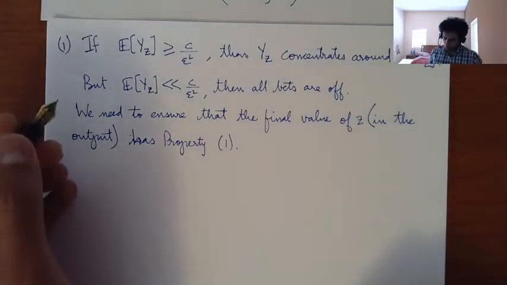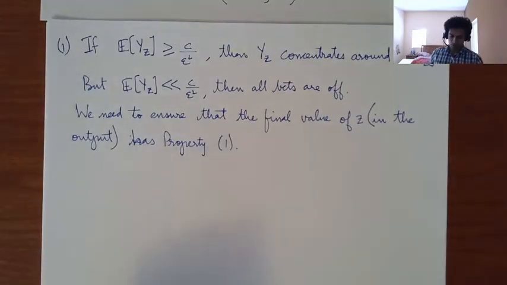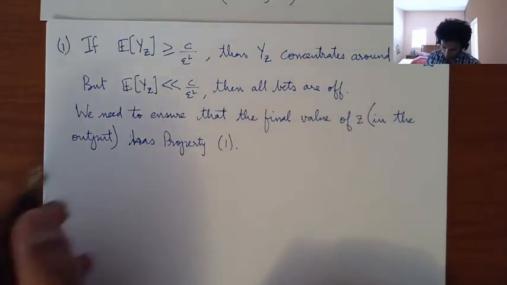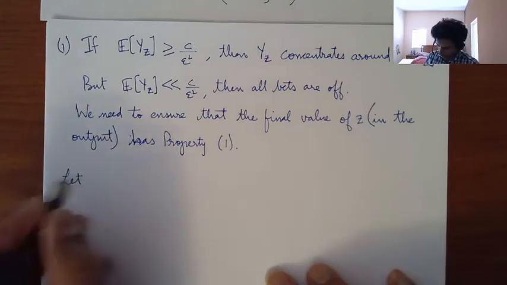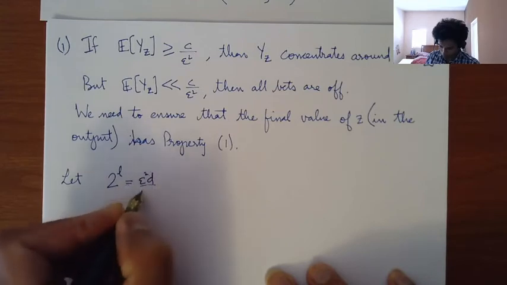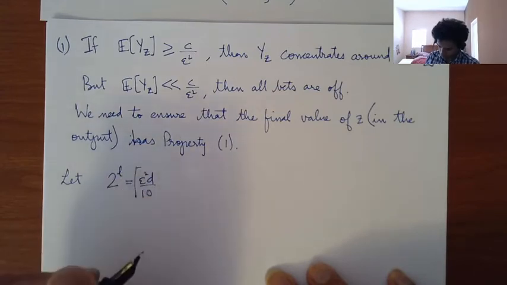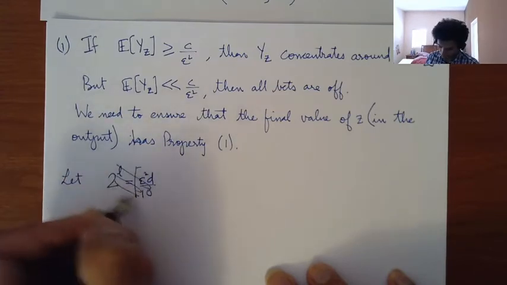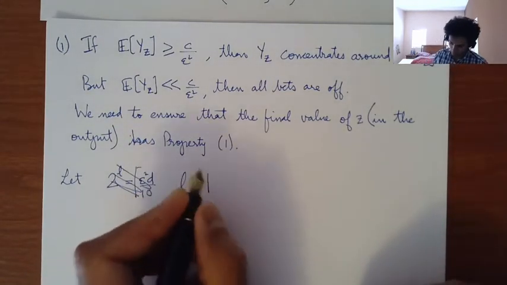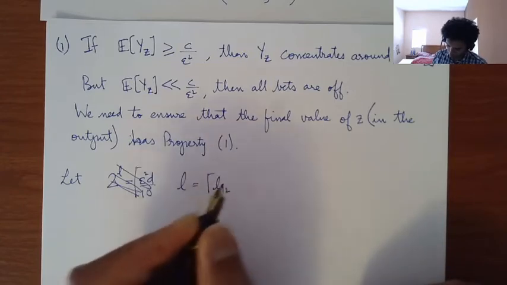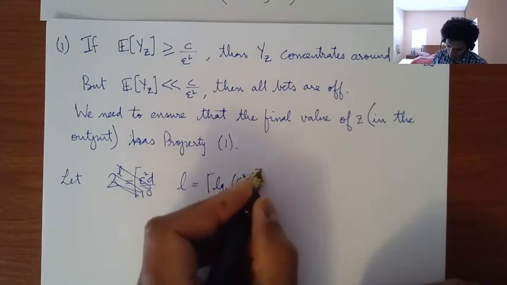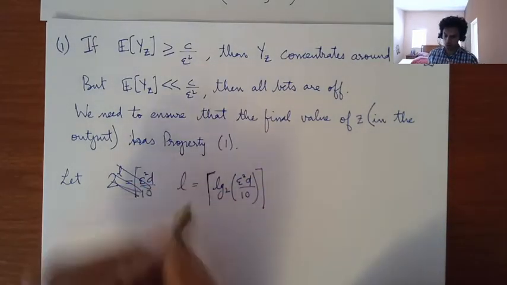So let's try to understand this event. Let's do it somewhat formally. Let L be equal to maybe the floor of log base 2 of epsilon squared d over 10. This is going to just be a convenient parameter.